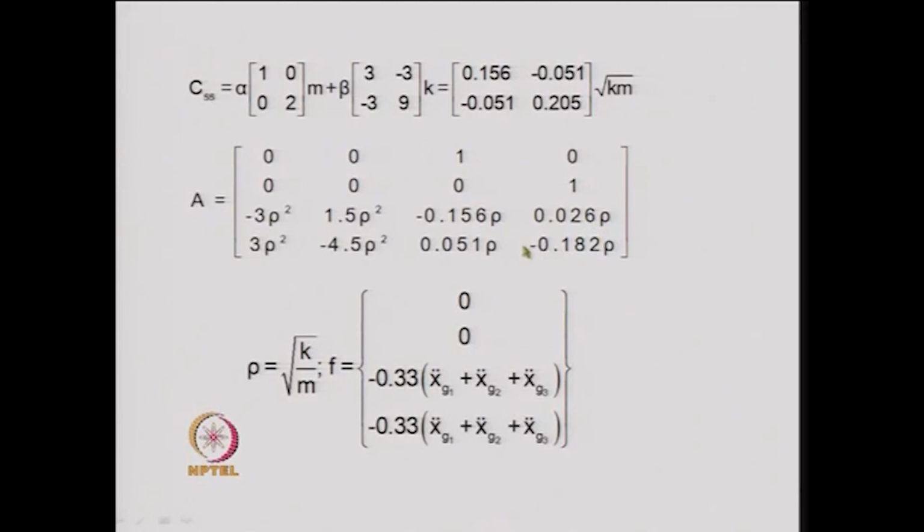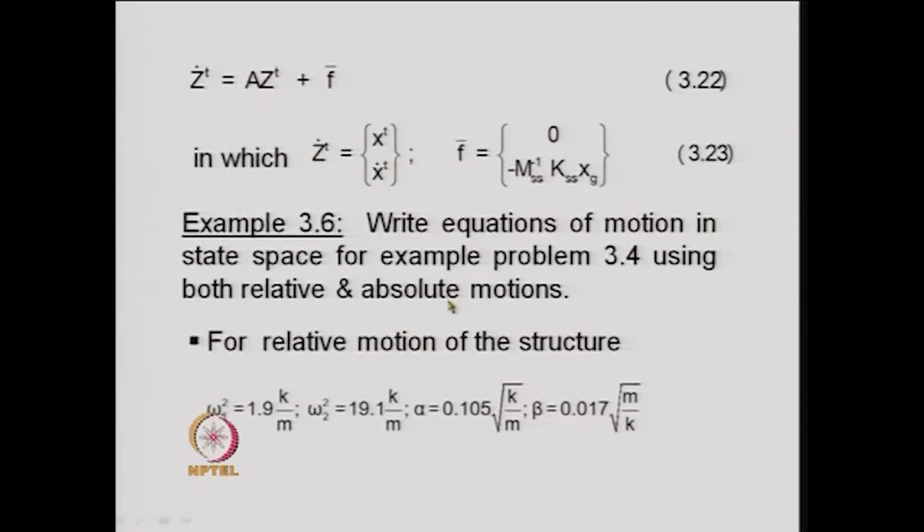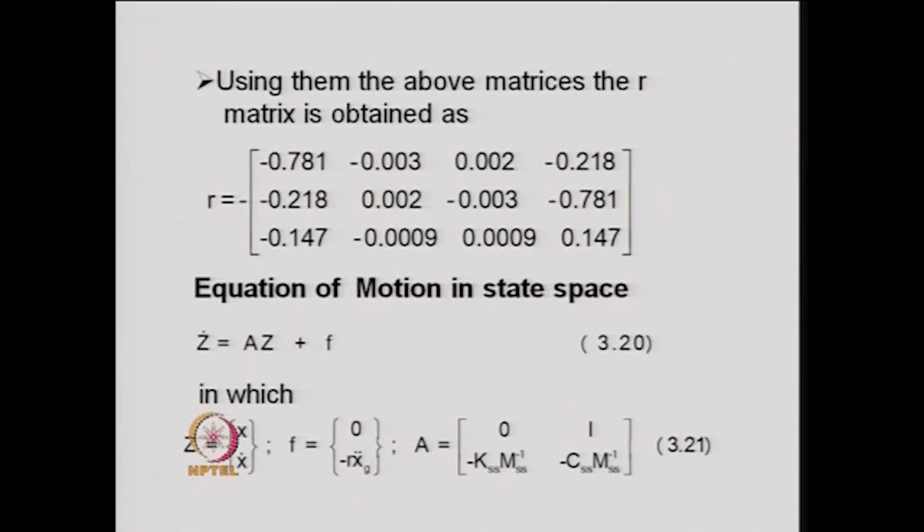Here it will not be 182, it will be 102. You can make this correction, where rho is equal to root over k by m. On the right hand side, if you look at the expression for the force vector, this force vector is equal to minus r into x double dot g.